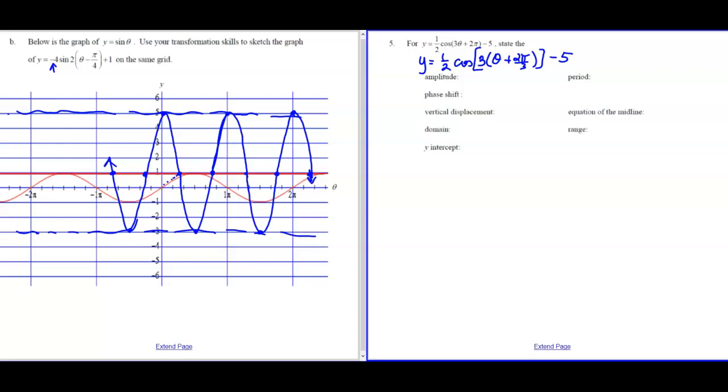Okay, so you go through the properties. The leading coefficient is positive, so it is the amplitude. Now this is theta plus 2 pi over 3, so I'm going to say the phase shift is negative 2 pi over 3. That corresponds to going left. Vertical displacement, negative 5.